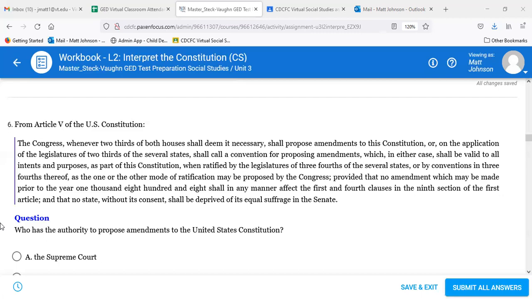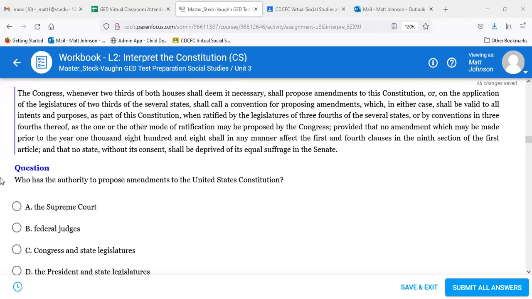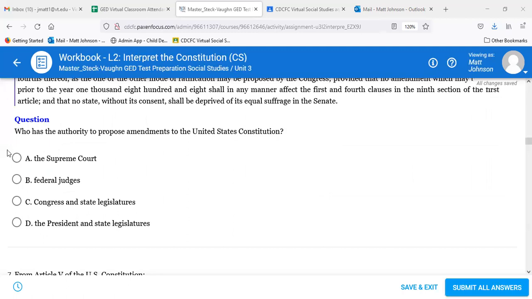provided that no amendment which may be made prior to the year 1808 shall in any manner affect the first and fourth clauses in the 9th section of the first article, and that no state without its consent shall be deprived of its equal suffrage in the Senate, which has the authority to propose amendments to the United States Constitution.